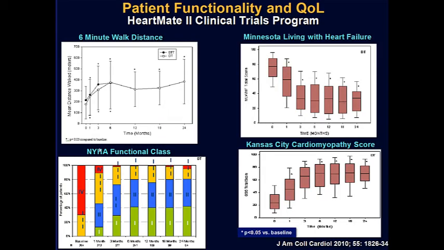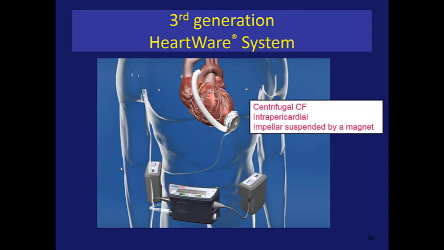Not only do they have improved survival, but they also have improved functional status. They walk further, their NYHA classification goes down, they feel better. So the LVAD provides support not only for survival, but also quality of life.